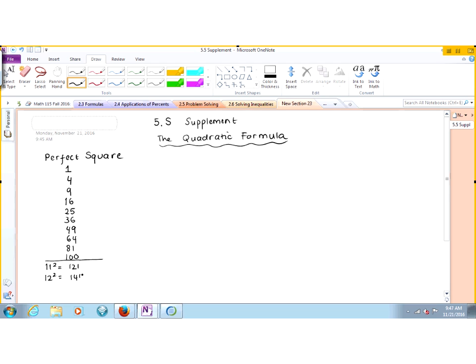What is 12 squared? 144. What is 13 squared? 169. What is 14 squared? 196. And then the thing you probably have to memorize is 15 squared is 225, and 25 squared, which is 625. Also, 24 squared, which is 576.